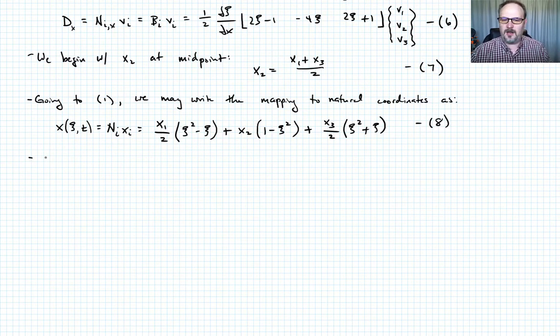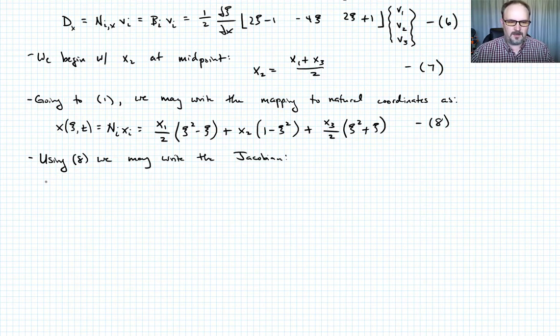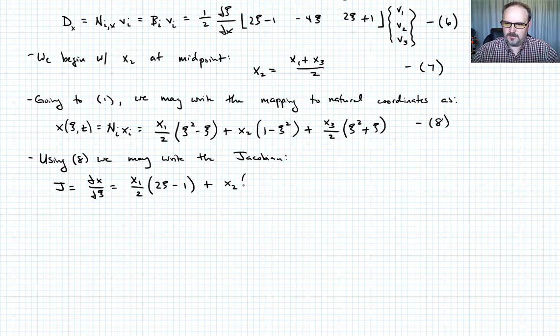Similarly, we can also write out the Jacobian now. So using 8, we may write the Jacobian. We know that J is equal to del x del c. So if we do that, just taking the derivative of equation 8, that looks like x1 over 2 times 2c minus 1, plus x2 times minus 2c, plus x3 over 2 times 2c plus 1.